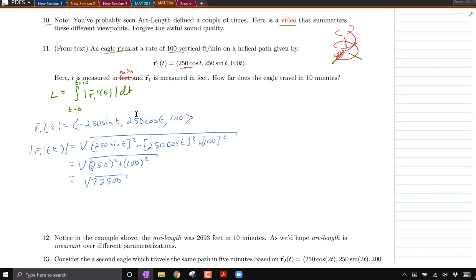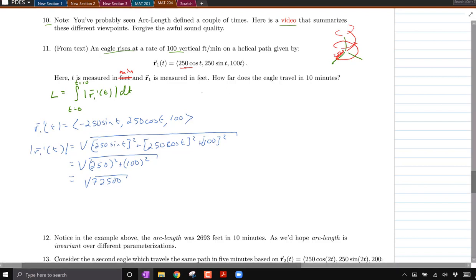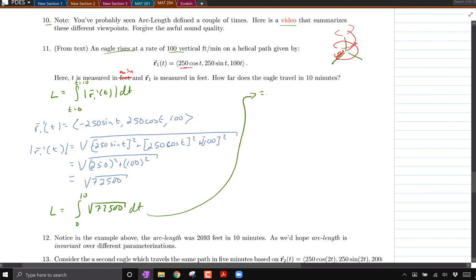Okay. So we can now take another look at our arc length, and that is equal to the integral from 0 to 10 of the square root of 72500 dt. Simplified, that's 50 root 29, but I don't know if that's much more helpful.